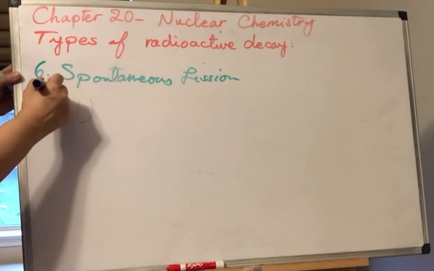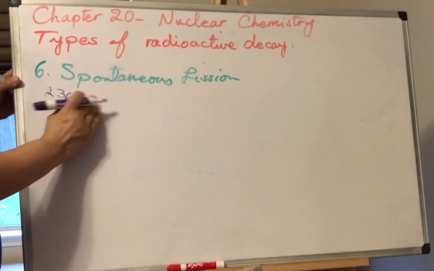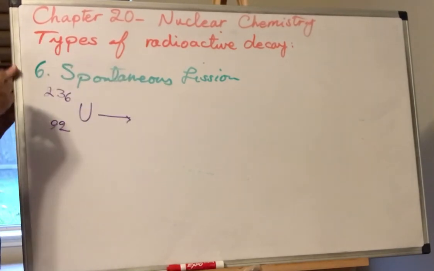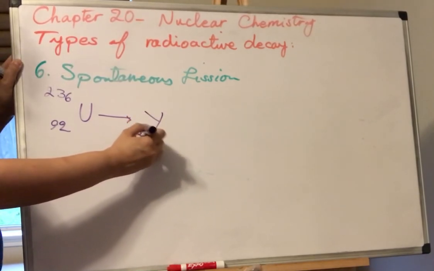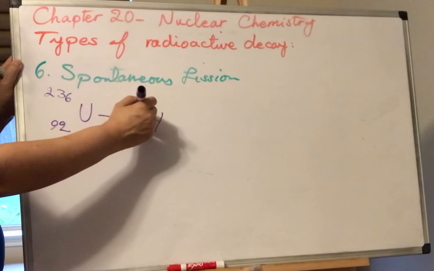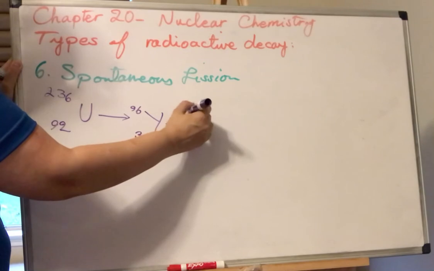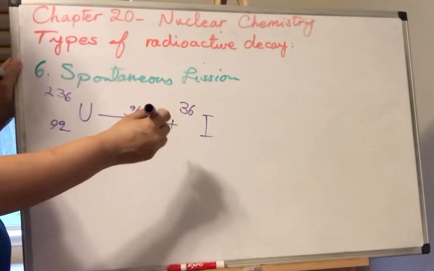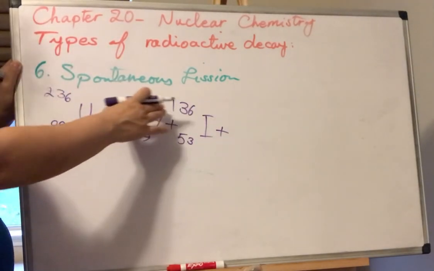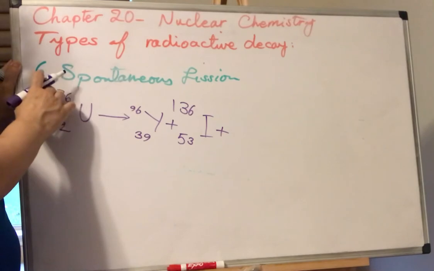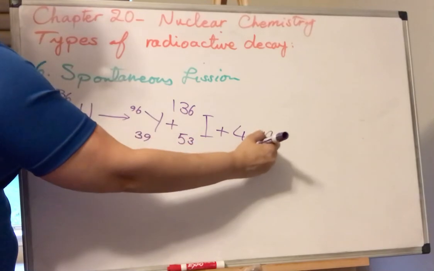Let's say uranium-236 will undergo fission and change to terbium plus iodine 136, and if you balance it out, 136 plus 96 and 53 plus 39, then you will have 4 neutrons also emitted.